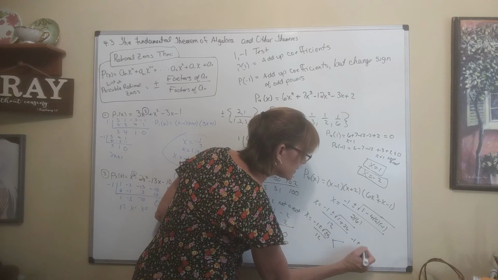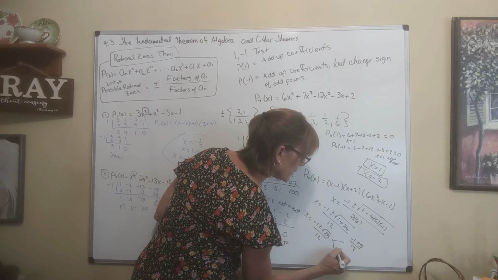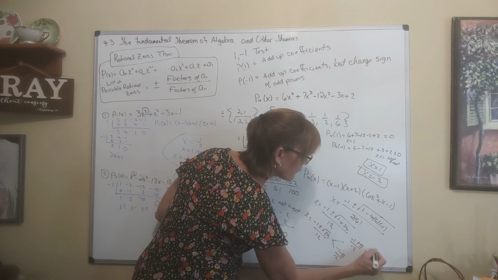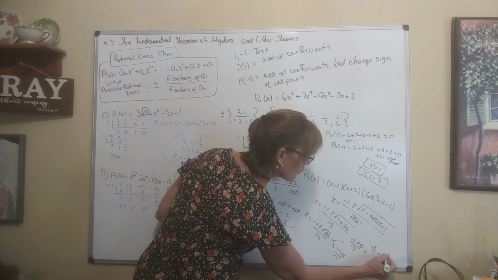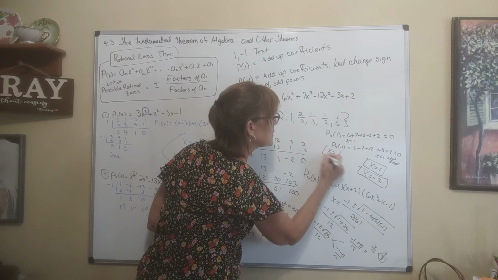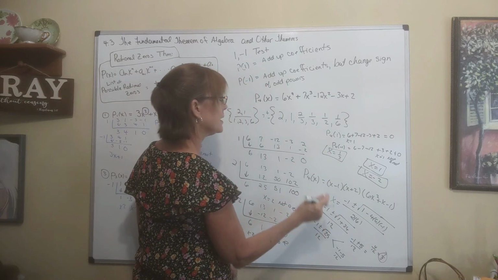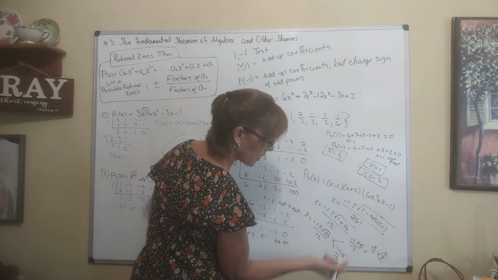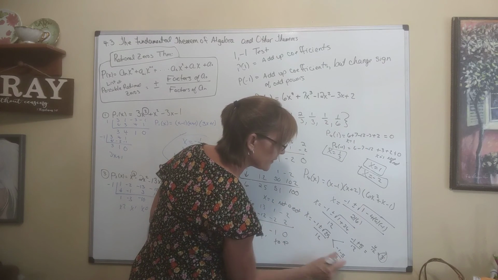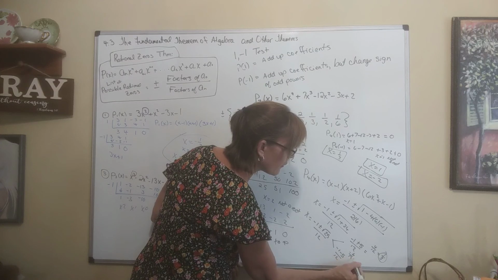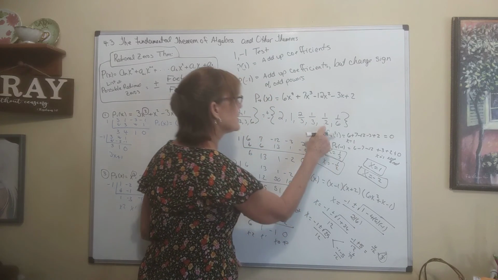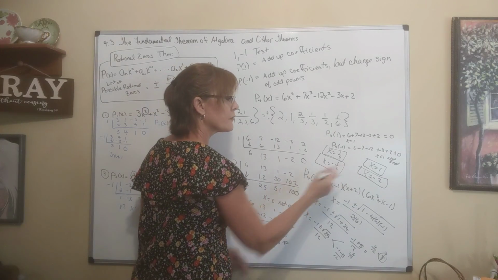Negative 1 plus 5 over 12 gives me 4 over 12, or 1/3. Another root. Was it on the list? Yep, we could have found it going through synthetic if we had chosen to. Negative 1 minus 5 is negative 6 over 12, or negative 1/2. Is it on the list? Yeah, these are plus or minus. So these are our 4 roots.